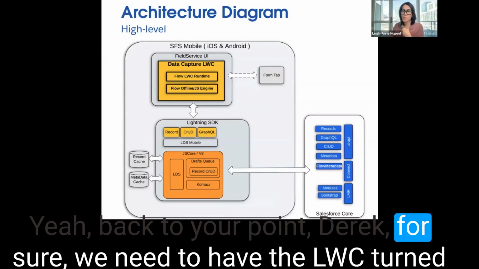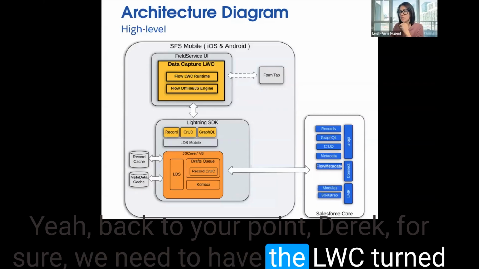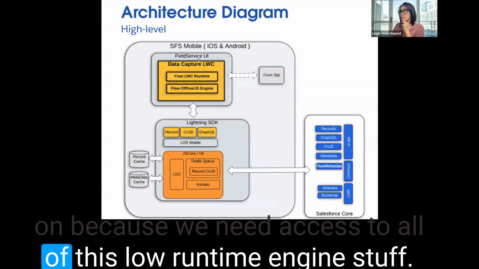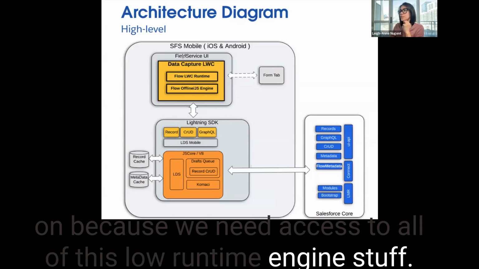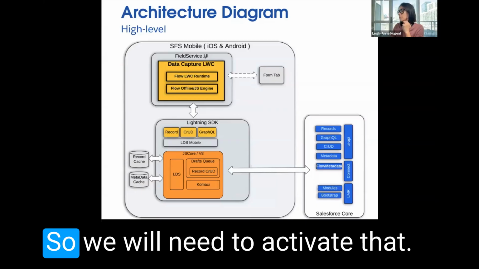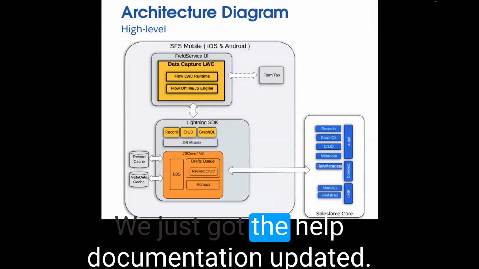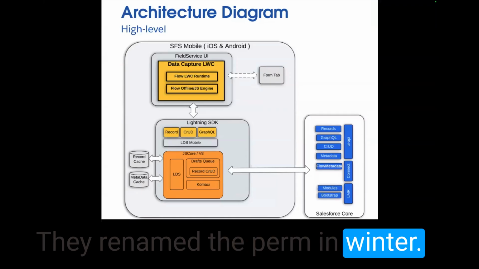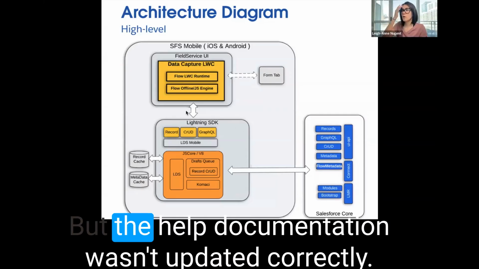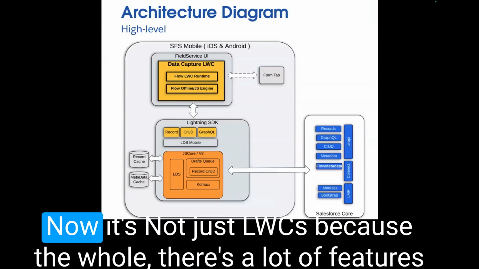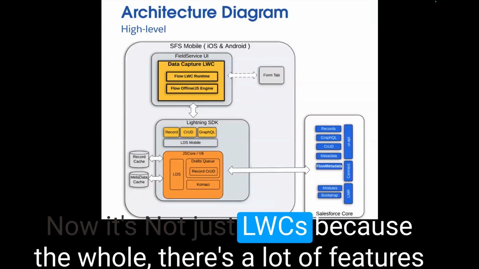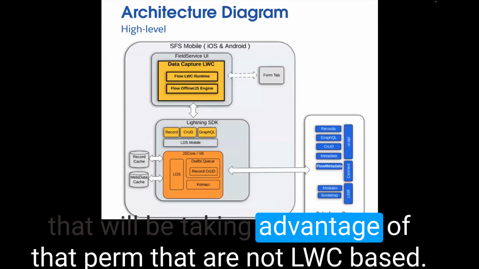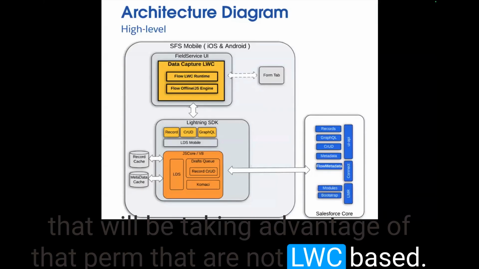Back to your point, Derek, yeah, for sure we need to have the LWC turned on because we need access to all of this flow runtime engine stuff. So we will need to activate that. Yeah. We just got the help documentation updated. They renamed the term in Winter. But the help documentation wasn't updated correctly. Now it's not just LWCs, because there's a lot of features that will be taking advantage of that term that are not LWC based.